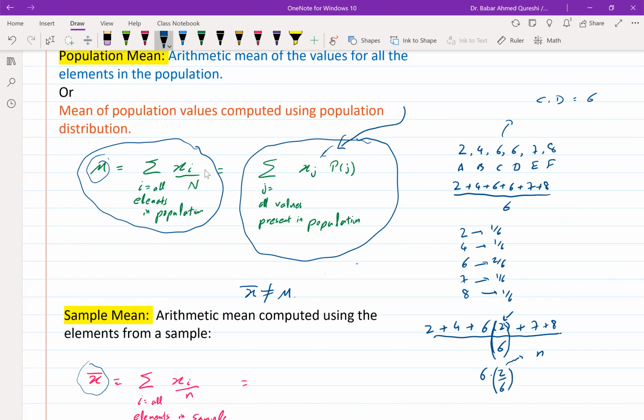So that's the idea of this formula: you can do it in terms of frequencies, or if you are considering an infinite population, you can just take the probability distribution and do this.